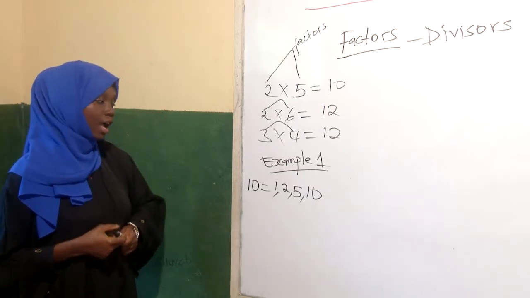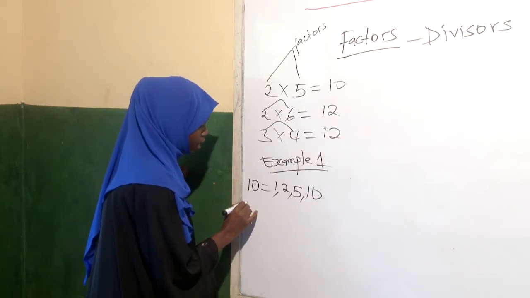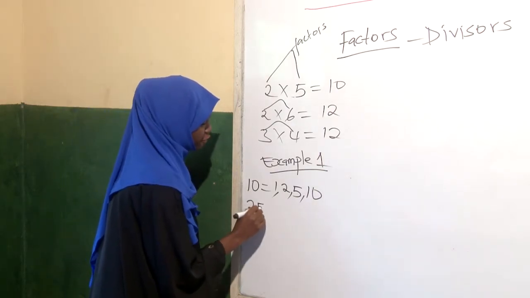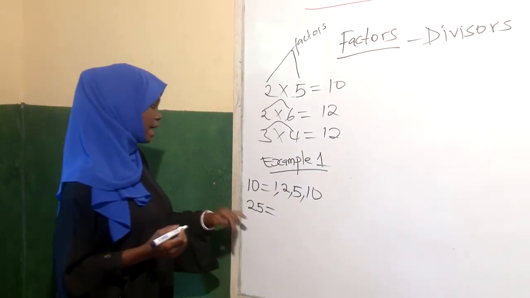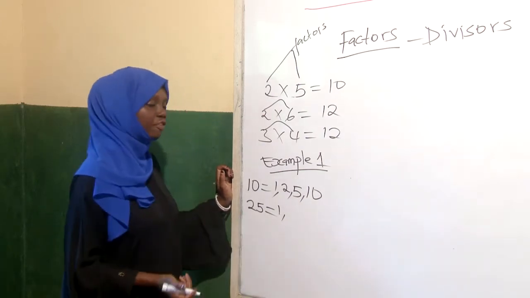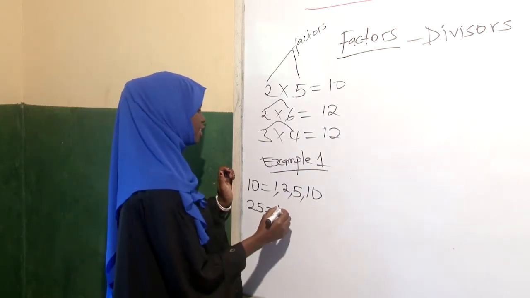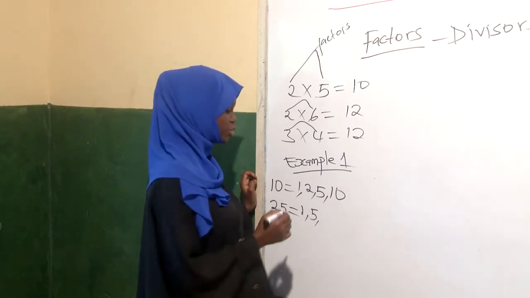Hope it's clear. Also, you can be asked to give the factors of 25. So the first number we have is 1, because 1 times 25 we get 25. And then we have 5, that is 5 times 5 we get 25.